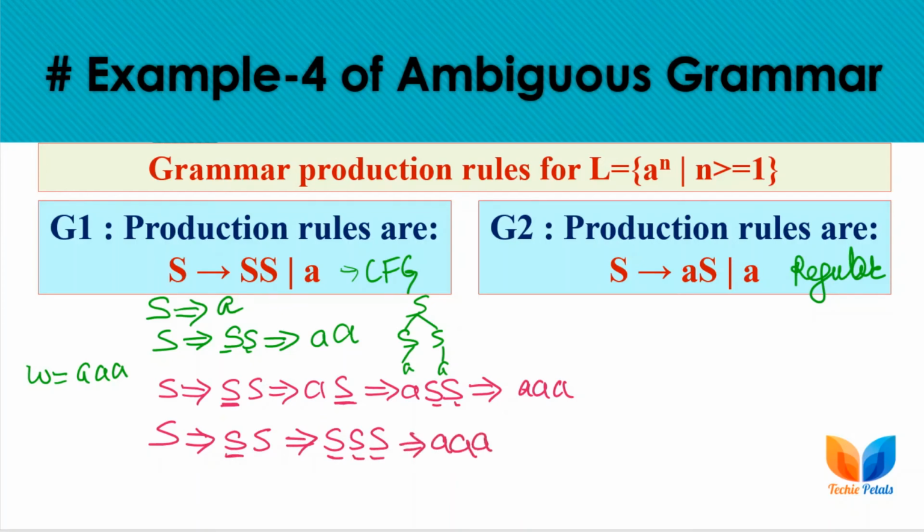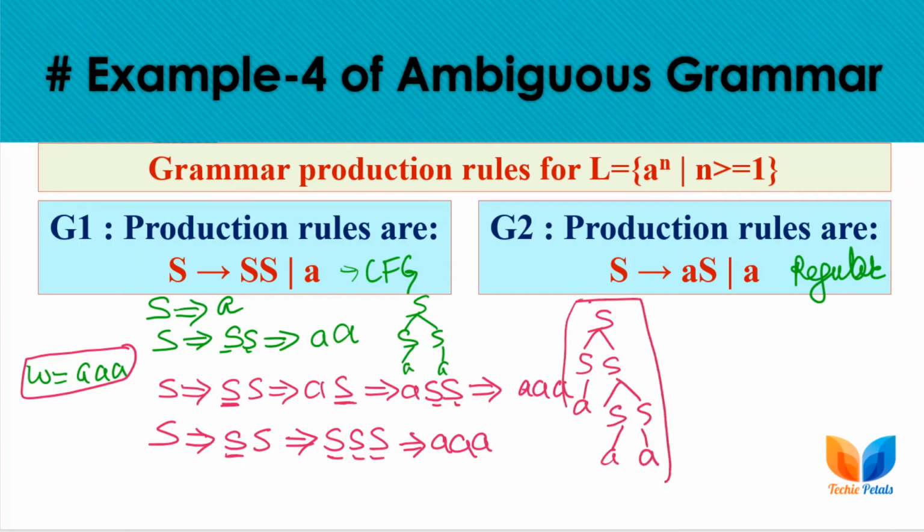So for the string of length 3, we have two derivation paths from this grammar: S, a S S, a. So either we can go with this derivation tree or with this other derivation tree.